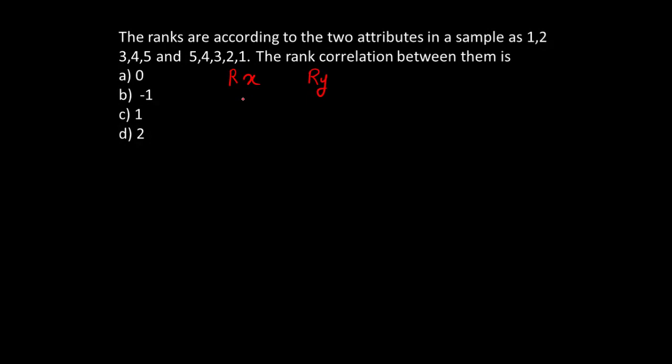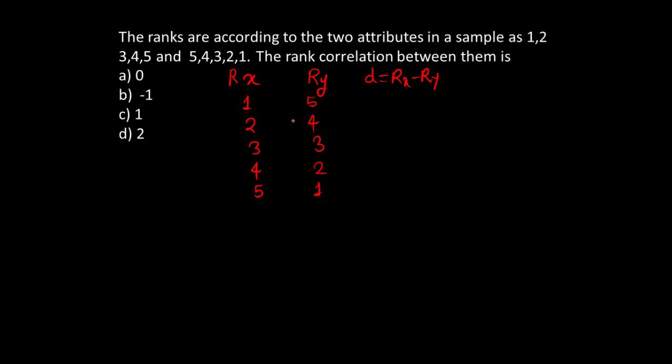Their ranks are given: ranks of x, I am denoting as rx, are 1, 2, 3, 4, 5, whereas for the other one they are 5, 4, 3, 2, 1. Without mentioning the data, their ranks are given and you are asked to find the rank correlation. So immediately you find the difference between these two ranks.